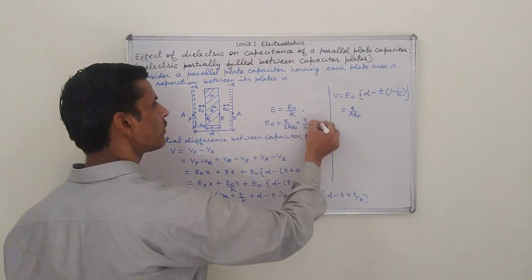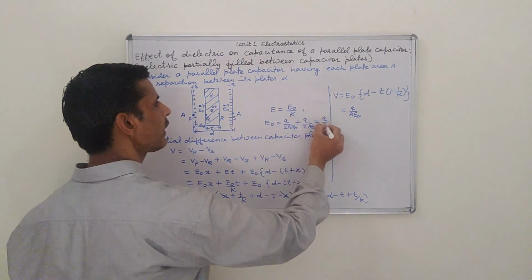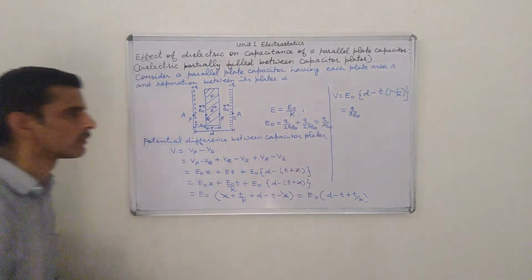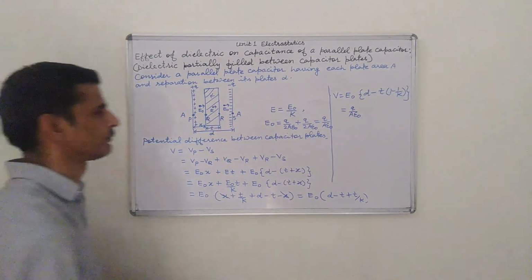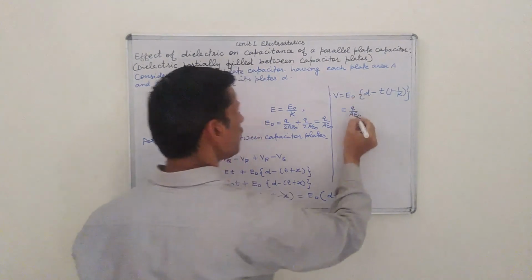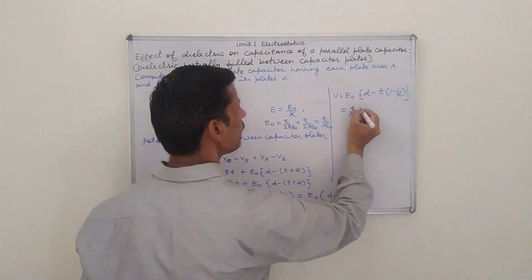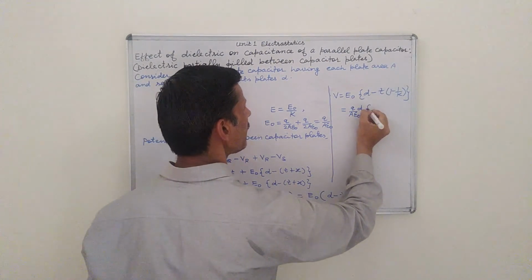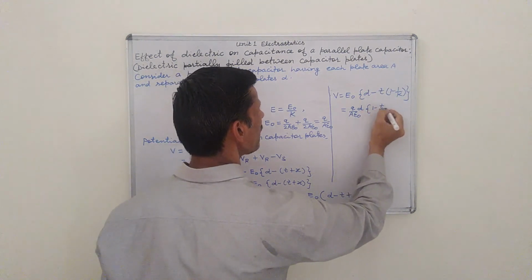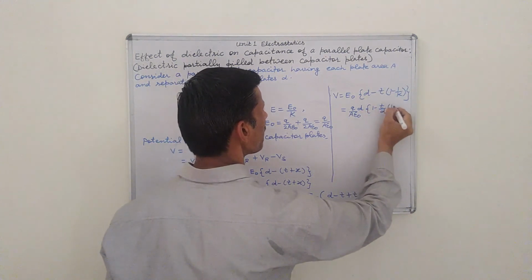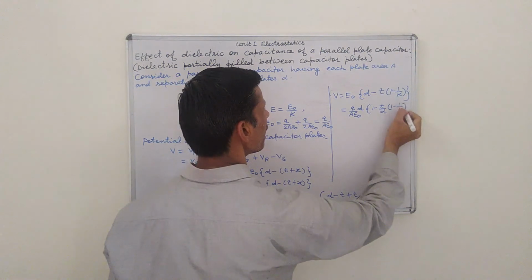So this is equal to Q upon A epsilon naught. So E naught is Q upon A epsilon naught, D we can take common, and here we have 1 minus T upon D in bracket 1 minus 1 upon K.